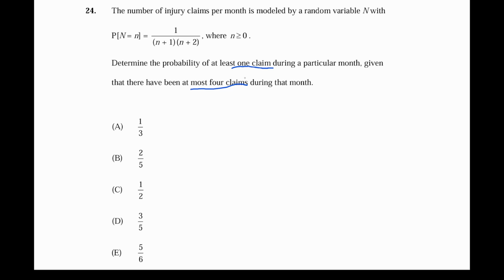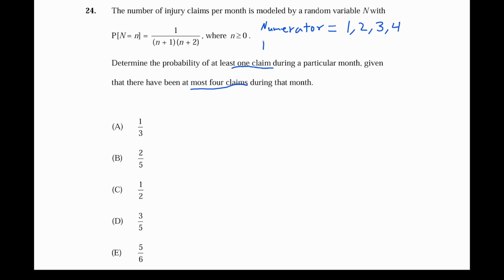So what does all of this mean? This means that we have basically two scenarios. So let's write it out. The numerator scenarios are going to include scenarios that have one claim, two claims, three claims, and four claims.